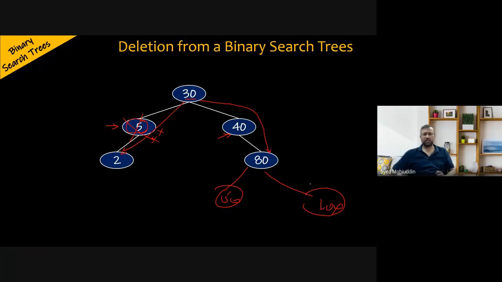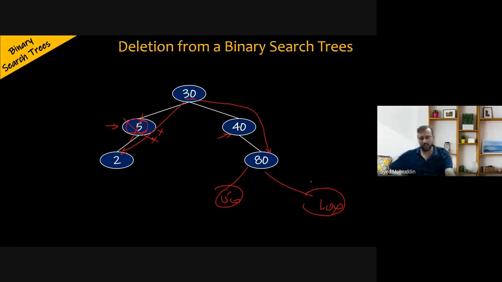The rest of the other things will be as they are and will not be affected. So in the second case, when there is only one left subtree or right subtree, then we have to link its parent's left or right pointer to its child. So that way the second case is handled.